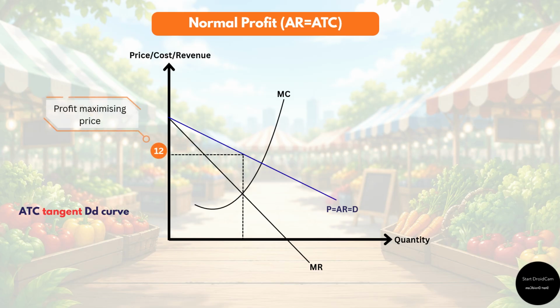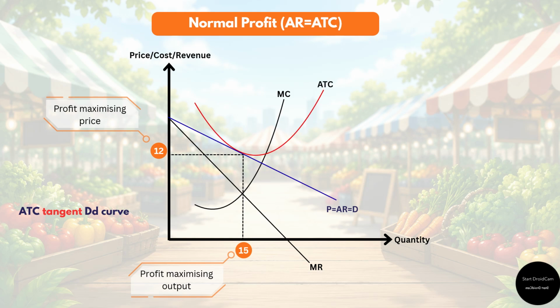The profit maximizing price is 12, and the profit maximizing output is 15 units. Now observe the average total cost curve. In this case, the ATC curve is tangent to the demand curve at the relevant output. Therefore, average revenue is equal to average total cost, AR equals ATC.